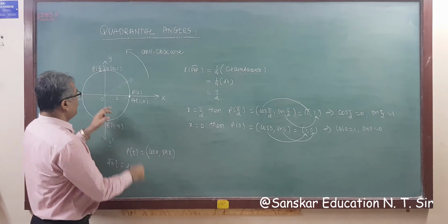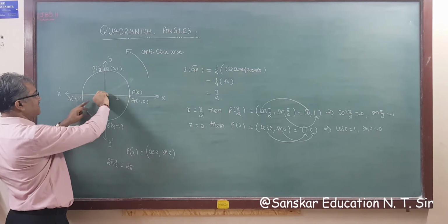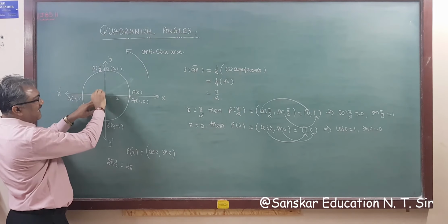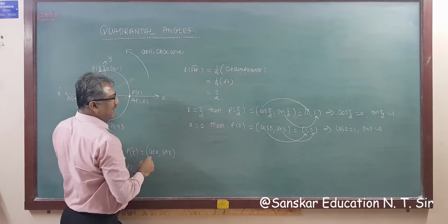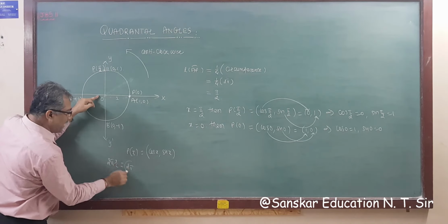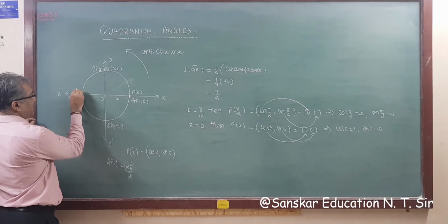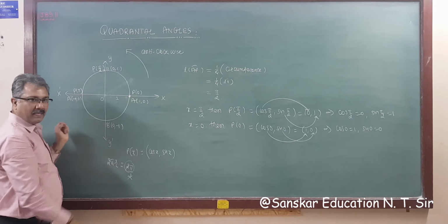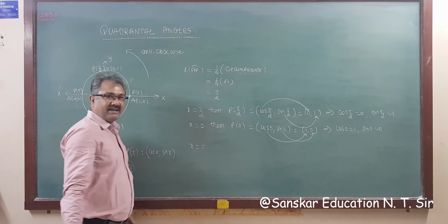Right? Now, starting from here, this ray OP moves here and comes here. Then the length of this arc AP is half of the circumference. Circumference is 2 pi, divide by 2, so what we get? Pi. So this is your trigonometric point P pi. So x is equal to pi.